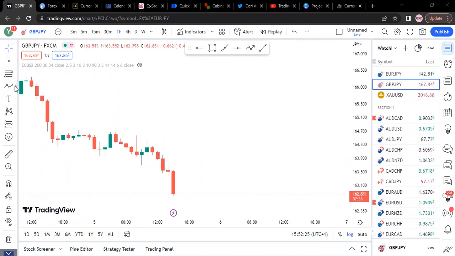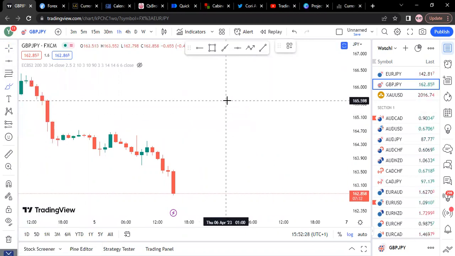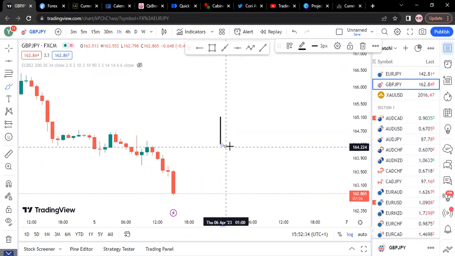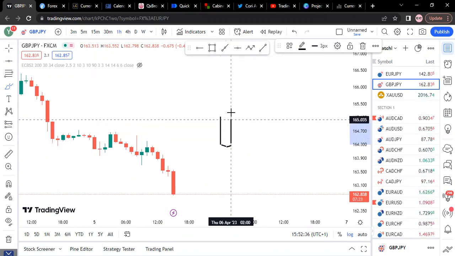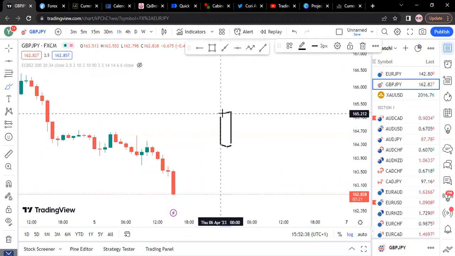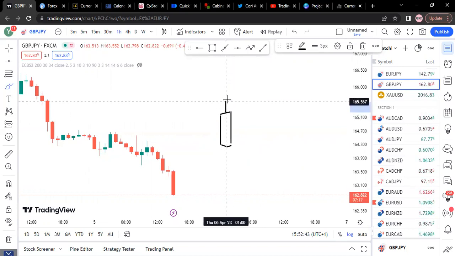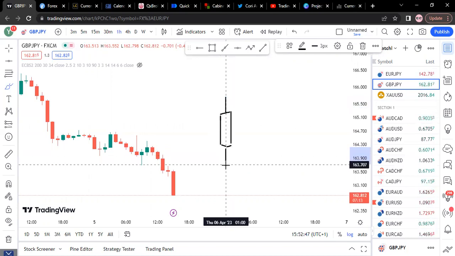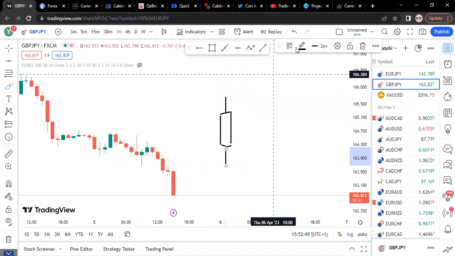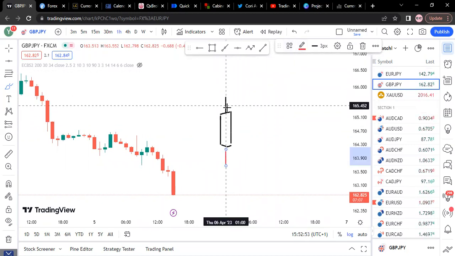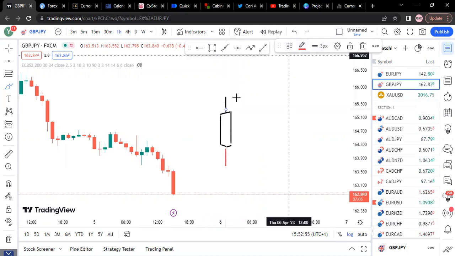All right. So take for instance, I want to draw, if you have a candle in this format, right? I should have made this red earlier.